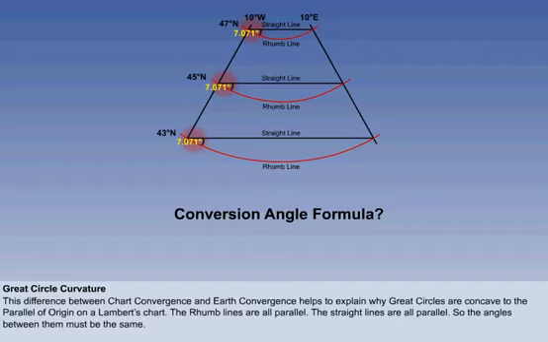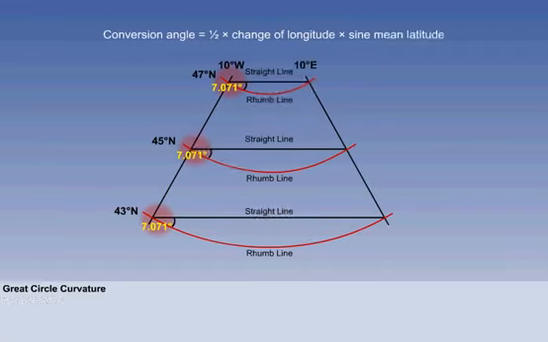Now a different question. Let's consider the angle between the great circle and the rhumb line. This is conversion angle. What is its formula? The formula is that conversion angle equals half change of longitude times sine mean latitude.